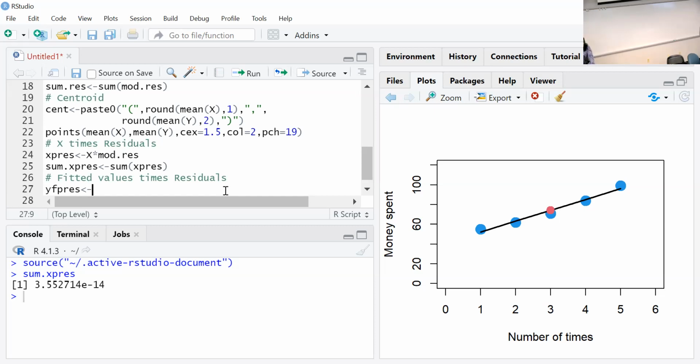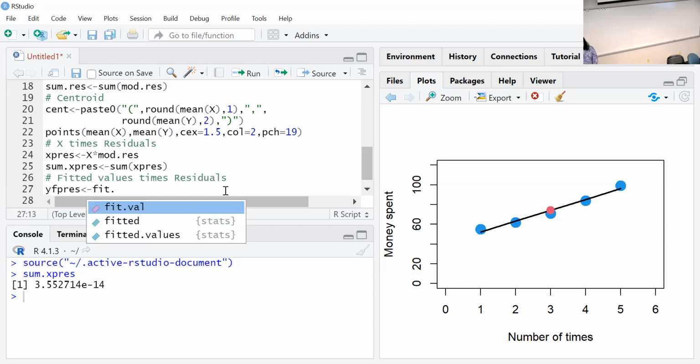I'm going to take the fitted values and multiply by the residuals, so fitted values times residuals.